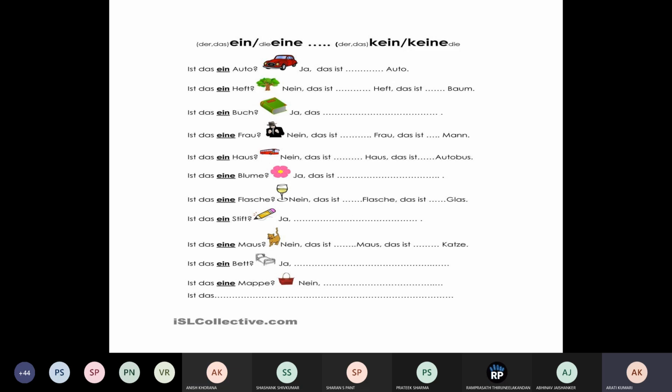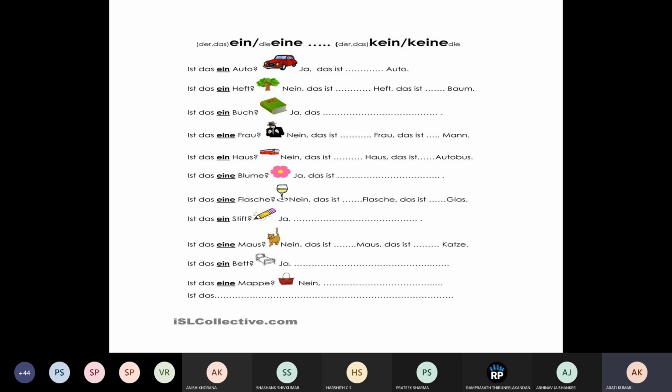Okay, let's move to the next one. Do you remember what is heft? Anybody? Ma'am, notebook. Yes, heft is notebook. So you can see that it's not the image of the notebook. So you can make the sentence. I just tell you the article of bound. What do you see in the picture is a bound.